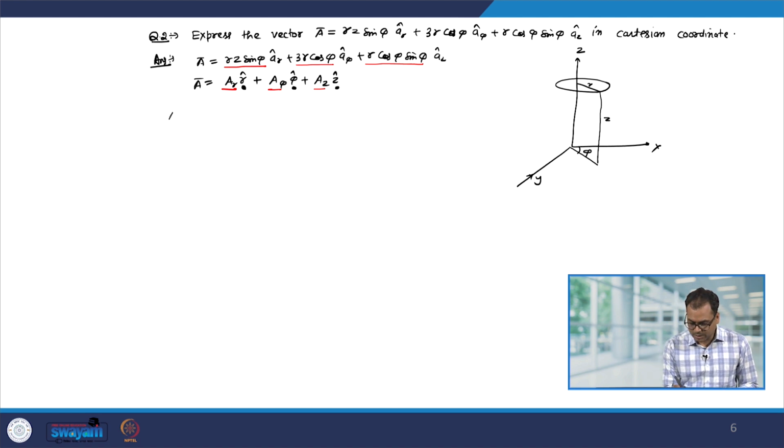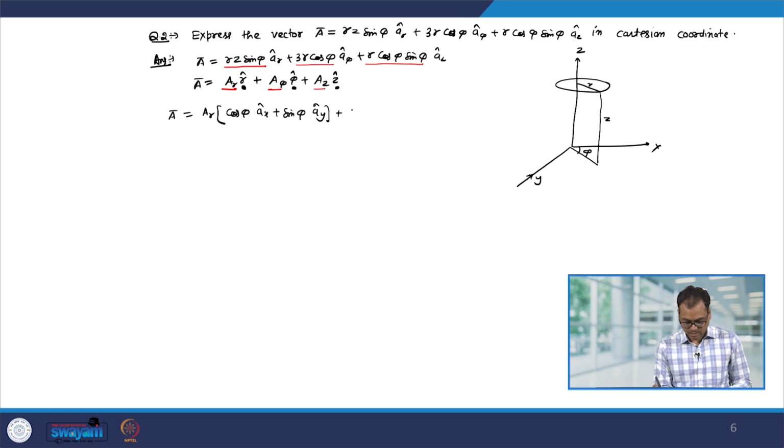So, therefore, this A I can write down as A r times r cap, which is cos phi a x cap plus sin phi a y cap, plus A phi times phi cap, which is minus sin phi a x cap plus cos phi a y cap, plus A z z cap.